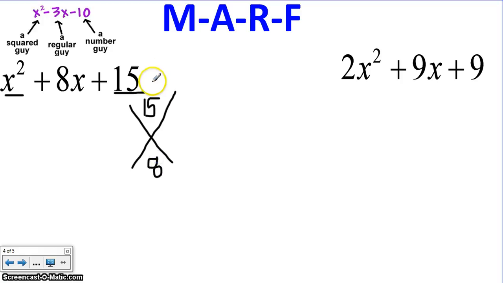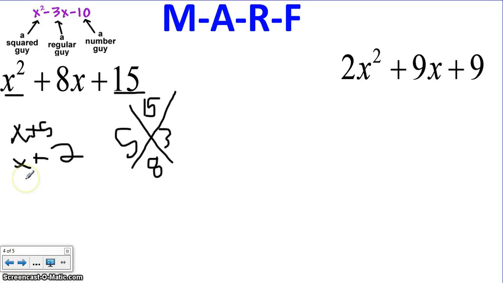Now you want to find something that multiplies to 15 but adds to 8, which will be 5 and 3. Since you don't have anything in front of your x, you can go ahead and make it x plus 5 and x plus 3.